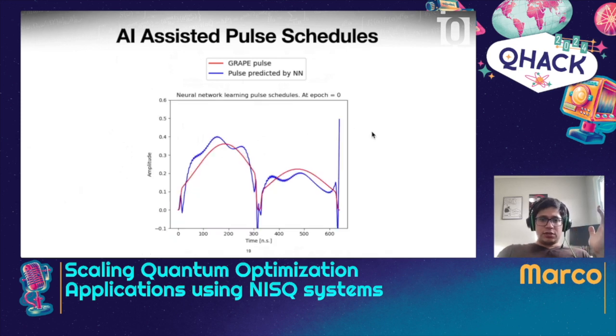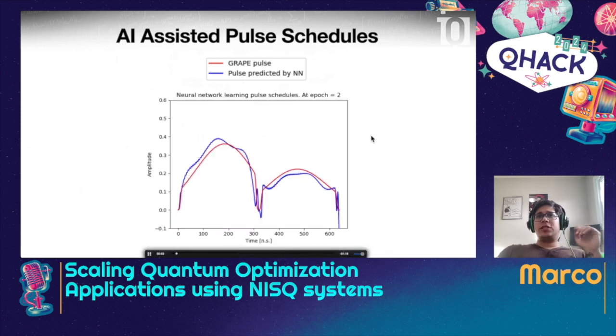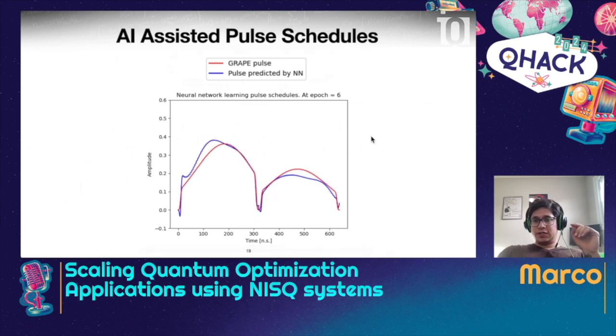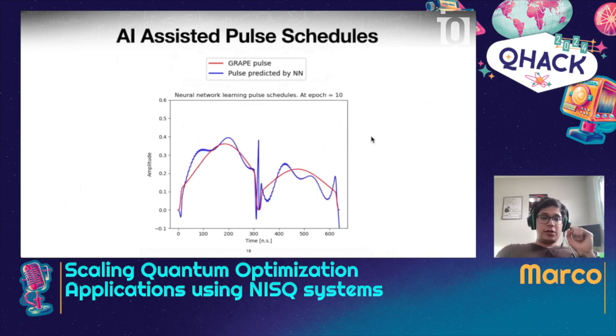And now this, I think this is a video. Yeah, okay, so what we did is a PCA on the data set of pulses, and then we learned the principal components only. What you see here is the learning at different epochs, how the prediction evolves.